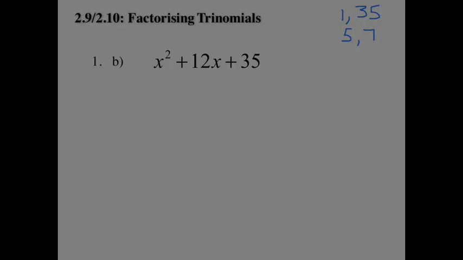They're all of the pairs of numbers that times to give 35. And which of those pairs multiply to give 35 and add to give 12? Obviously 5 and 7. So the answer is x plus 5, x plus 7.